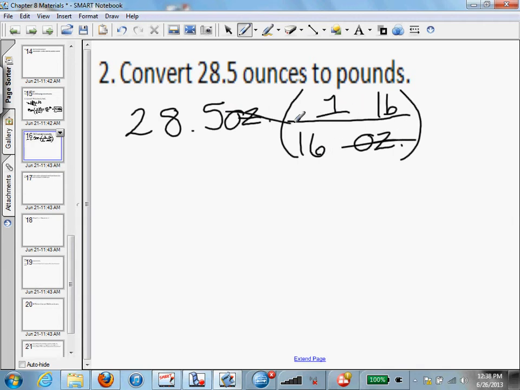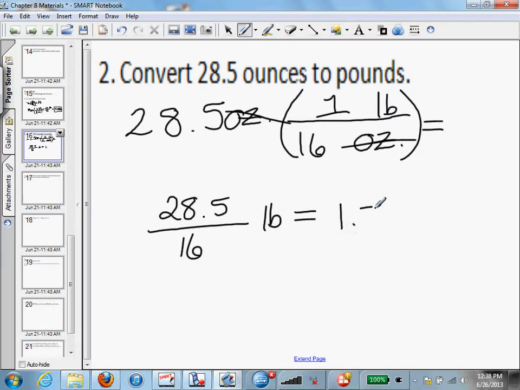So those dimensions will cross out, leaving you with the dimension of 28.5 times the 1, or just 28.5, divided by 16 pounds. And if you reduce this fraction, you're going to get 1.78125 pounds.